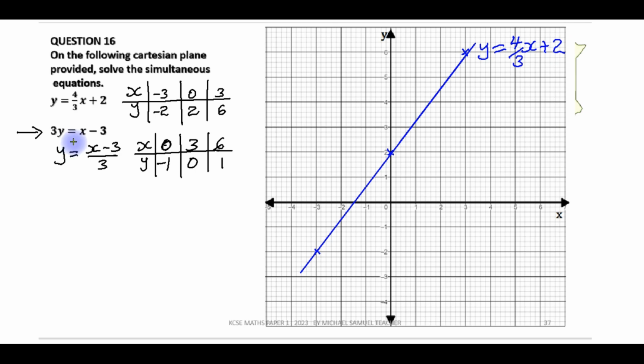Then we plot the other equation. When x is 0, y is minus 1. That point. When x is 3, y is 0. This is the point. And when x is 6, y is 1. Also, we use a ruler to join the points.